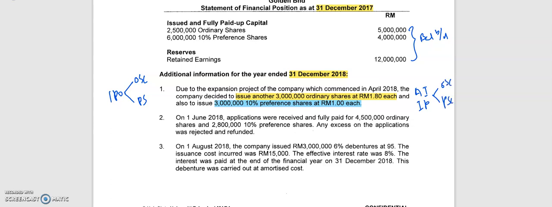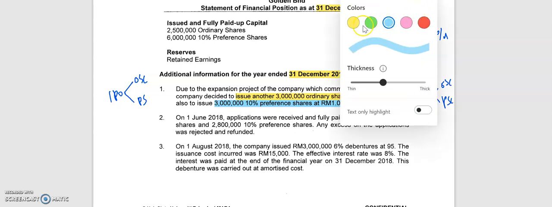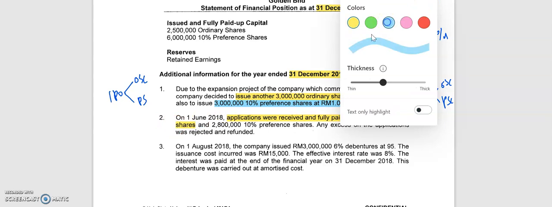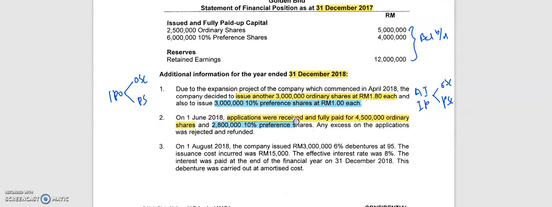Right. Number 2. You have the information on the applications received and fully paid for 4,500,000 ordinary shares and 2,800,000 preference shares. So here we have information regarding the amount received.